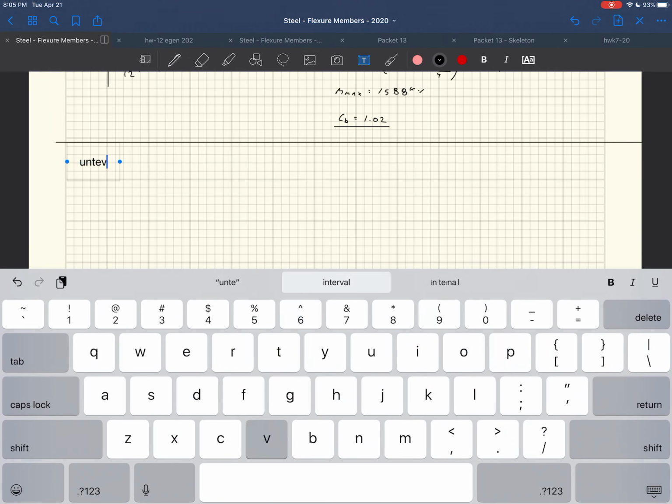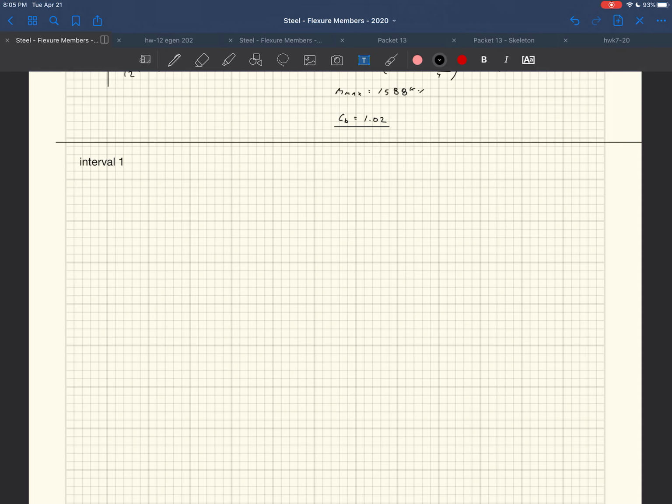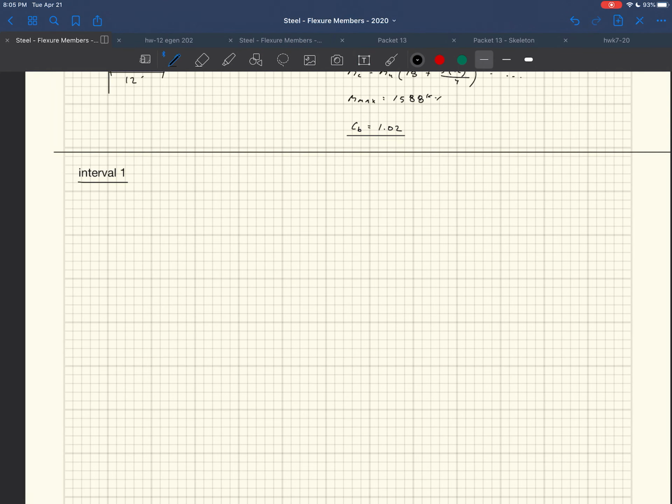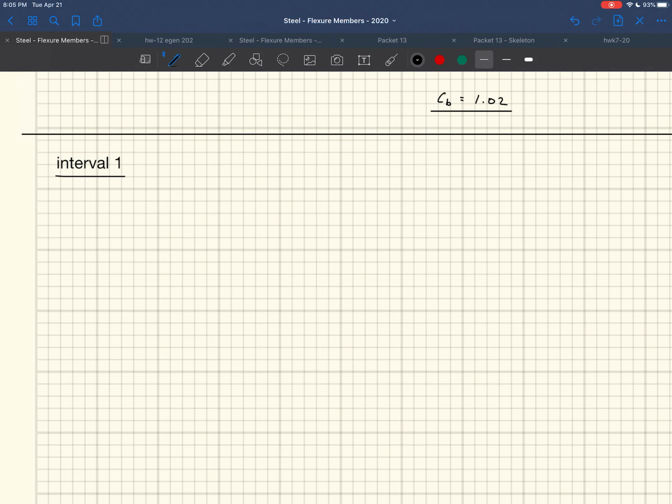We go interval 1 first. Let's look at that. Interval 1. Now our demands, we still have an unsupported length. Let's do LB first. LB again is 18 feet. It's the same.